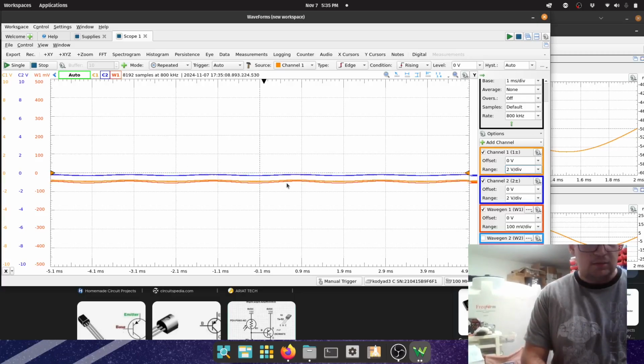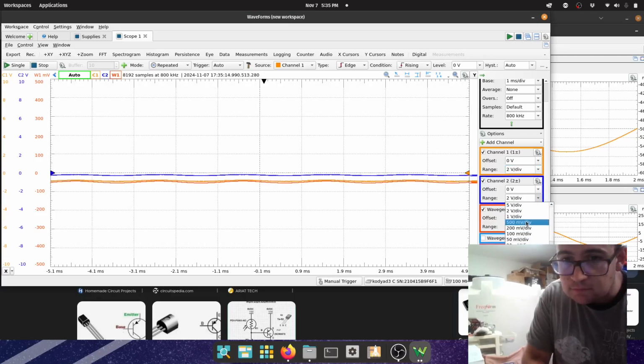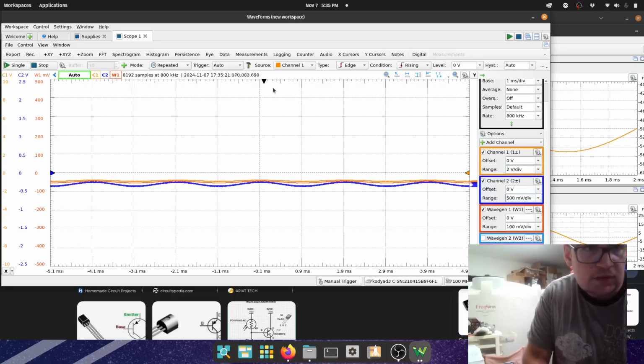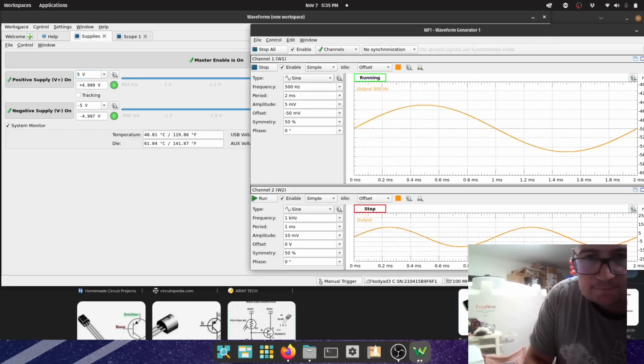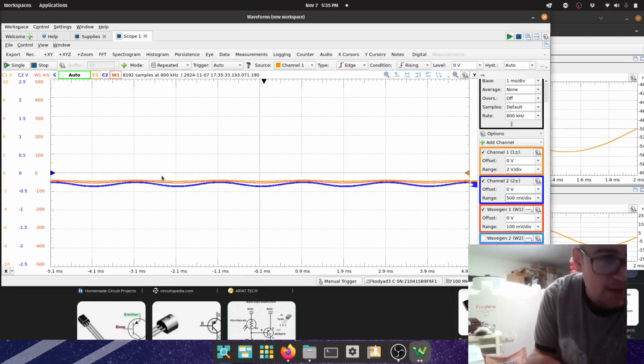So I think we did. Let's see, go back down to there. Yeah, I think we did. So we are driving 5 millivolts, which means we would expect 55 millivolts.